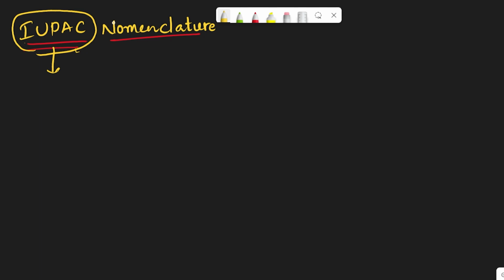So now there are some rules to name the compound. Many students think that IUPAC nomenclature is a lengthy topic and somewhat difficult to understand, but it is quite simple when you concentrate perfectly. Let me make this easy for all of you from an examination point of view.